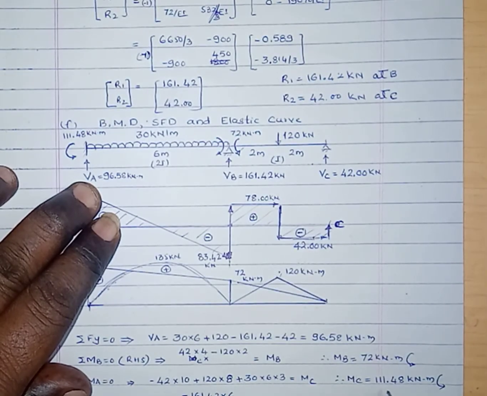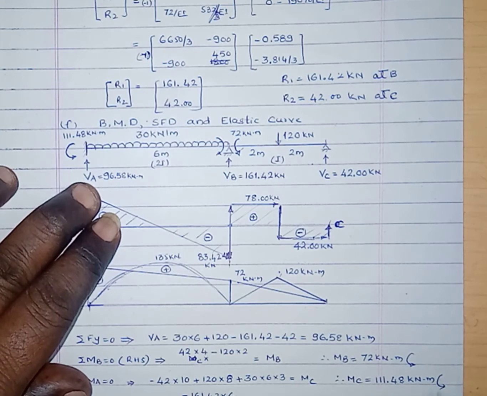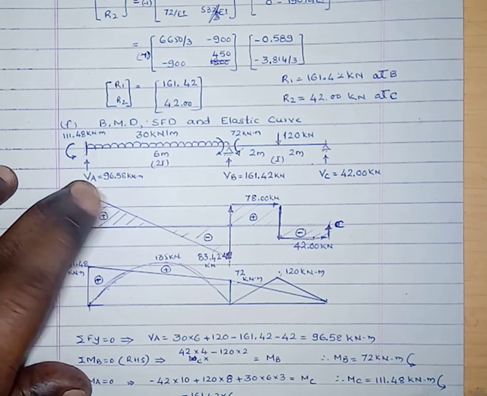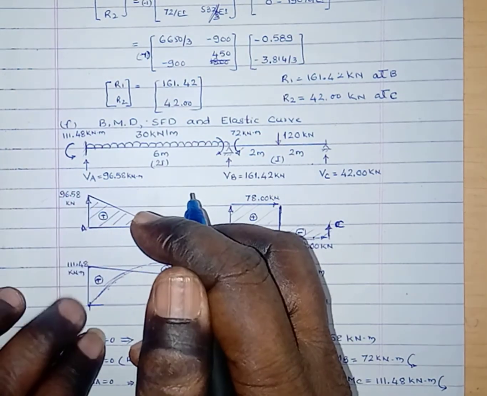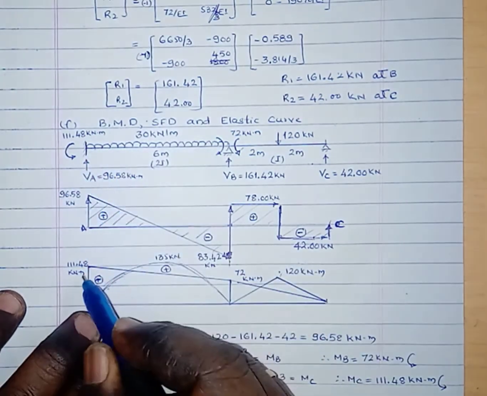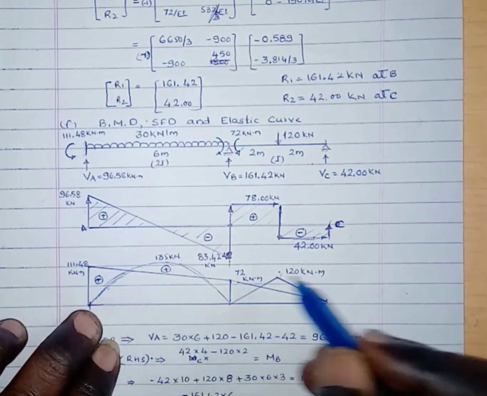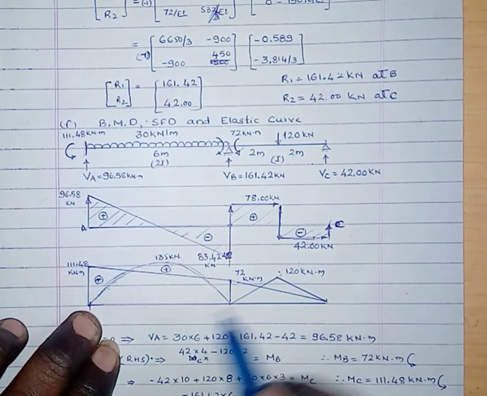Therefore, MC equals 111.48 kilonewton meter. That is also a hogging moment, that is anti-clockwise moment. Here, the support moments are 111.48 and 72 kilonewton meter respectively.